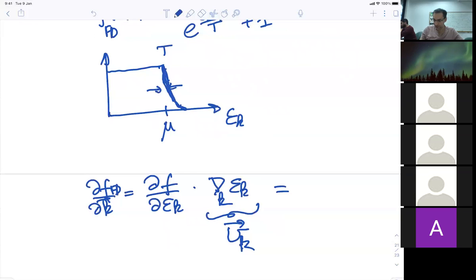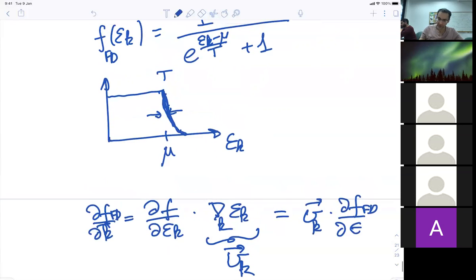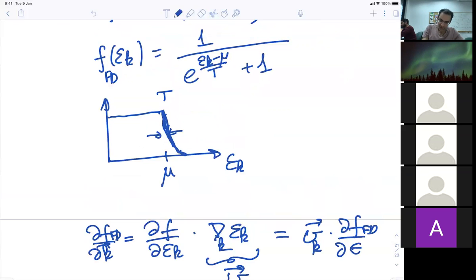So we are getting velocity times df over d epsilon. Now look at it. This is the function f Fermi-Dirac that you differentiate with respect to epsilon. So the derivative is obviously 0 all the way up to here. Then it goes up and then it goes down again. So the derivative of this function is different from 0 only in the stripe of the width temperature near the chemical potential.